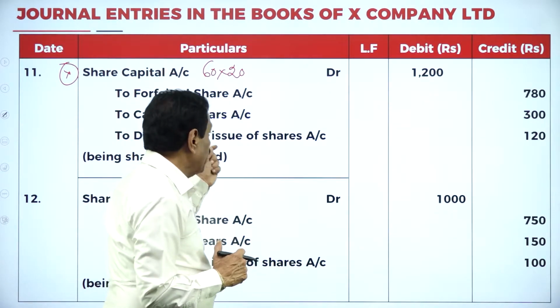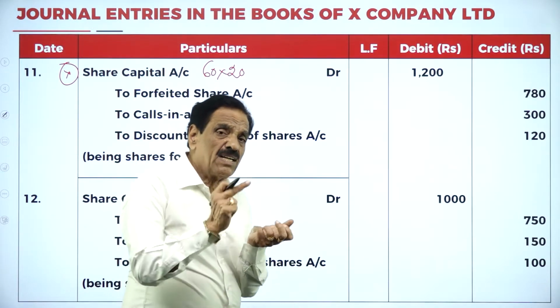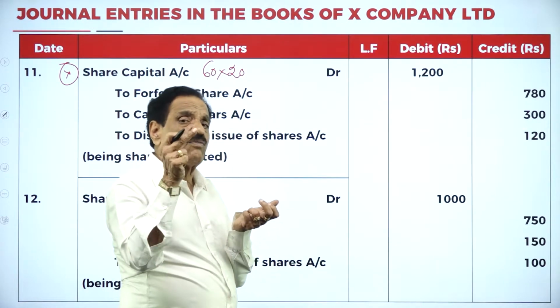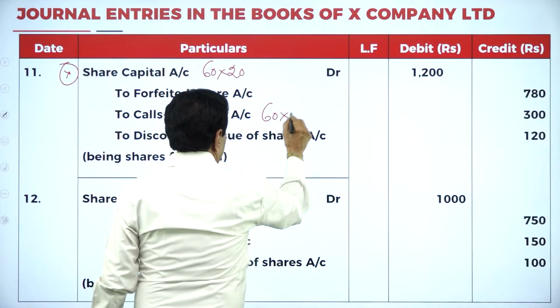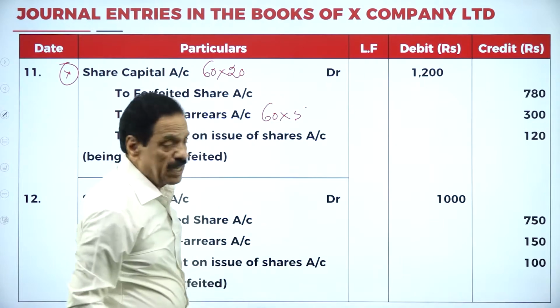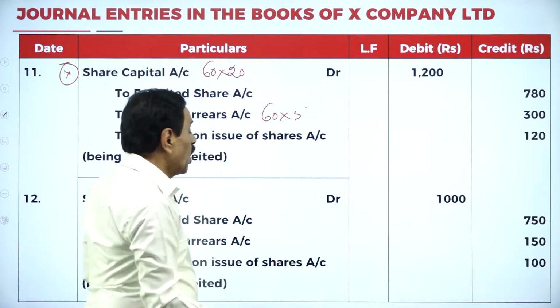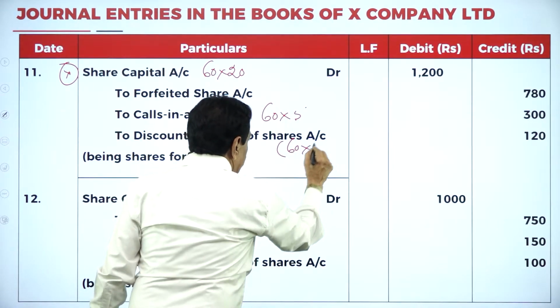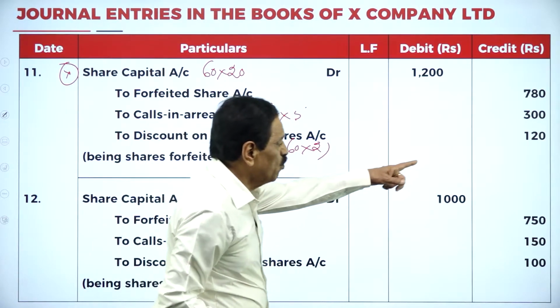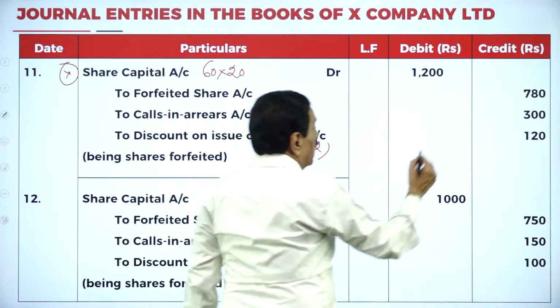He could not pay the second call of rupees 3 and the final call of rupees 3, in all 5 rupees. This is called in arrears, called by the company and not paid by the shareholder: 60 into 5. How much discount is there? 2 rupees, 60 into 2, this is 120.